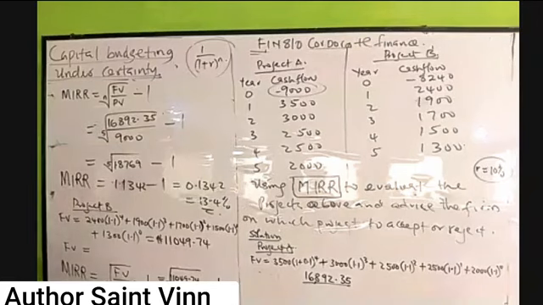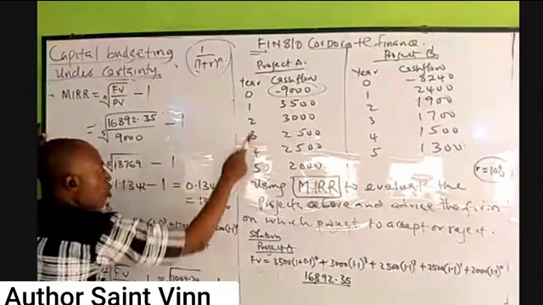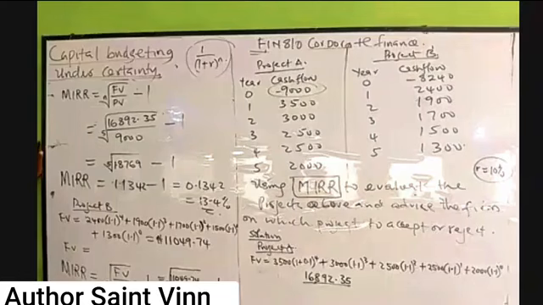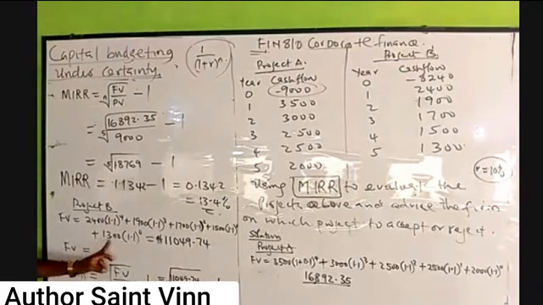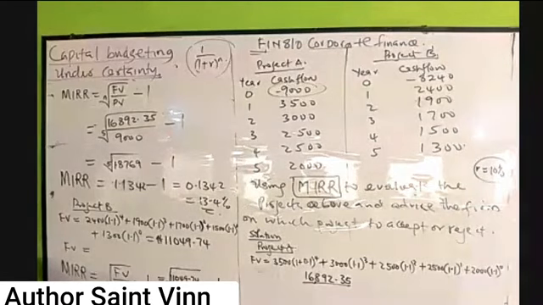Our future value will be in 5 years' time, and from year 1 to 5, 4 years remain. That's why it's raised to power 4, then 3, 2, 1, and 0. Year 5 will be nothing, because that's the end of the project. Okay, all right. Thank you, sir. Very clear.